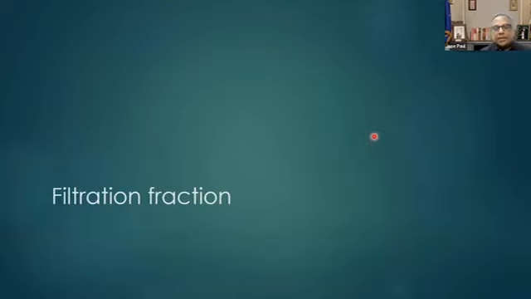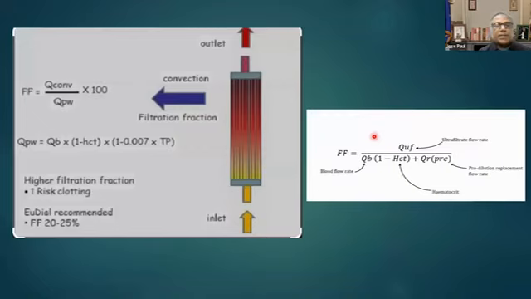Now you have to understand the concept regarding filtration fraction. This is important in hemodiafiltration. So what is filtration fraction? This is a hemodialysis cartridge. The blood comes in through this blood inlet, and the blood goes through the blood outlet, and water is removed. So filtration fraction is the amount of ultrafiltrate that is removed, or the amount of fluid that is removed as a result of convection, divided by the plasma flow rate.